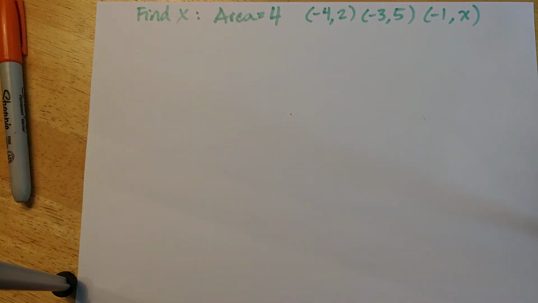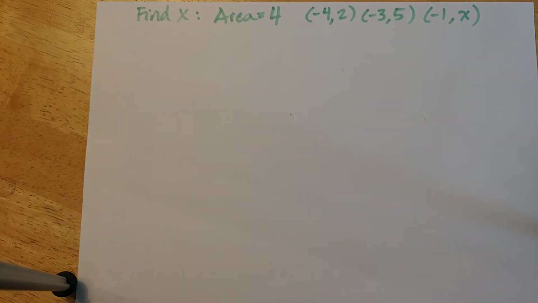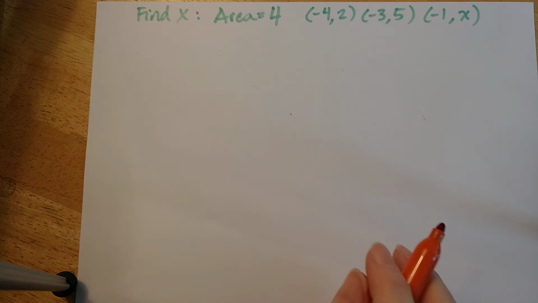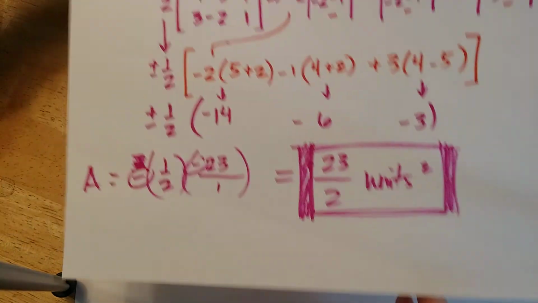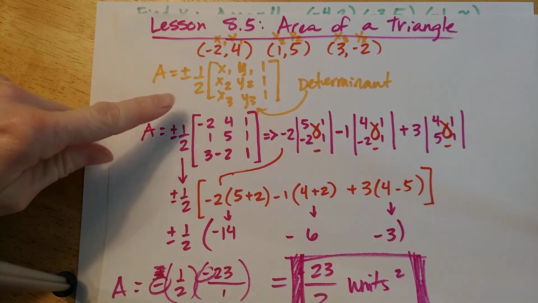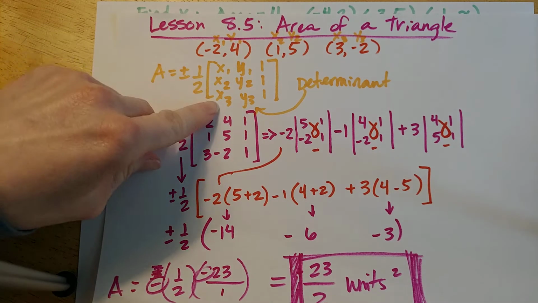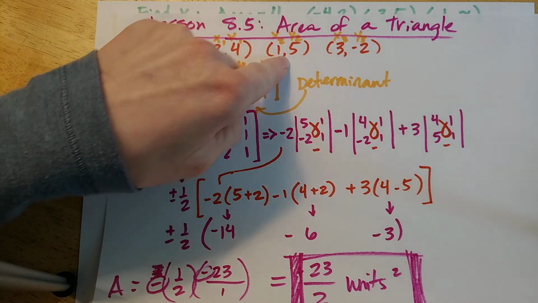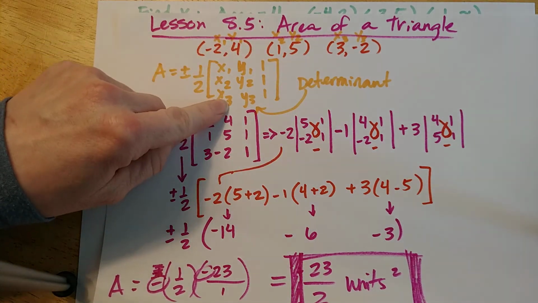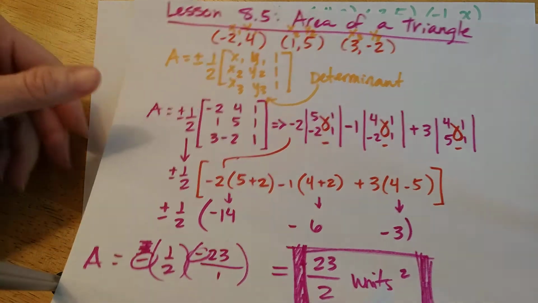Okay, but you know what? We can do it. Here we go. We are going to set this up. We know our formula. Let's get that over here. Okay, so here's our formula. Area equals plus or minus 1/2 of this matrix. So we've got the first coordinate, the second coordinate, the third coordinate all set up here, and 1's in that third column.